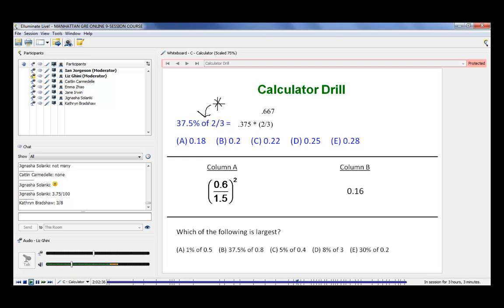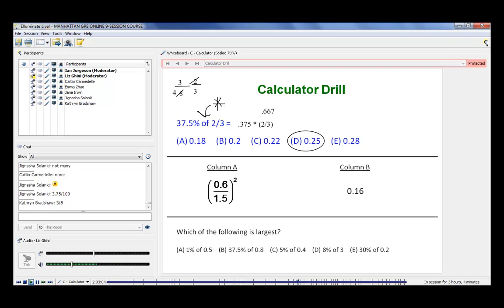So if you know your percent to fraction equivalence, it may actually be faster to say that's 3/8 times 2/3, then cancel. This is going to be faster for some people. Get this to 4, and the correct answer is going to be D, or 0.25.